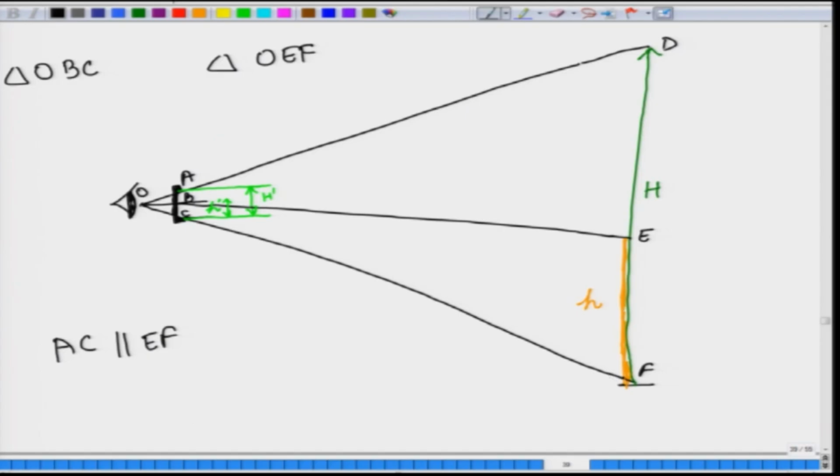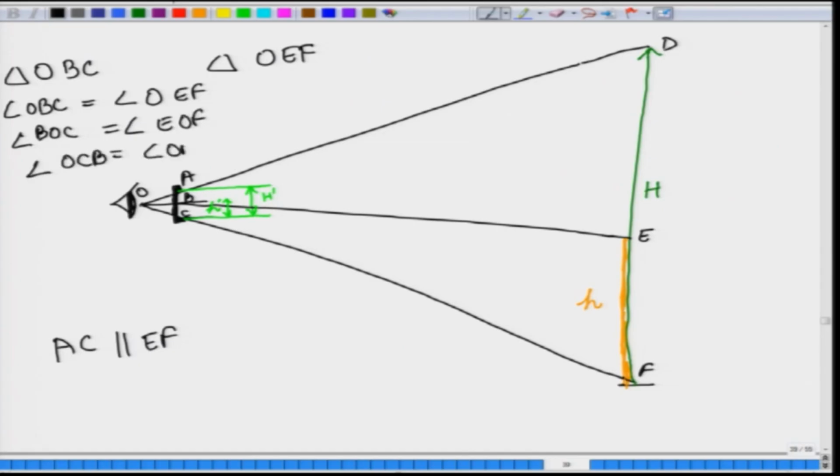So, in this case angle OBC is equal to angle OEF, angle BOC is equal to angle EOF and angle OCB is equal to angle OFE, which means that all the corresponding angles, angle O is the same in both of these, angle B is equal to angle E and angle C is equal to angle F. So, both of these triangles are similar triangles.